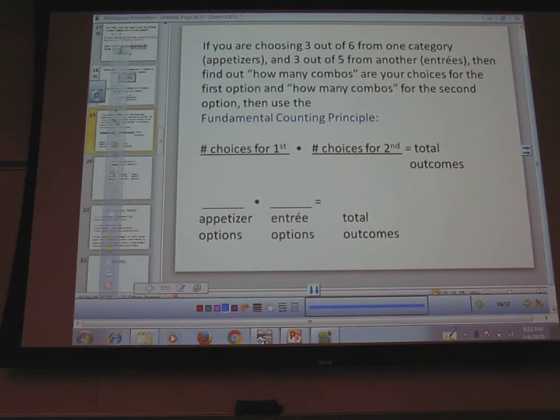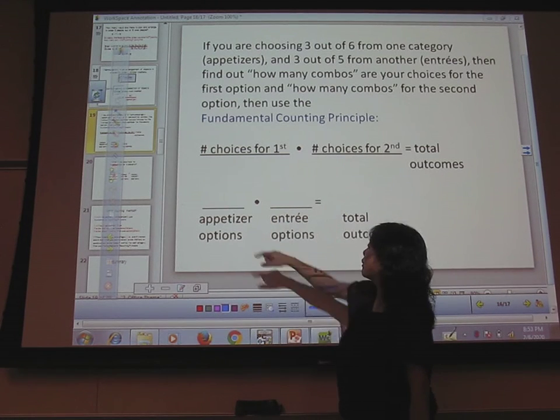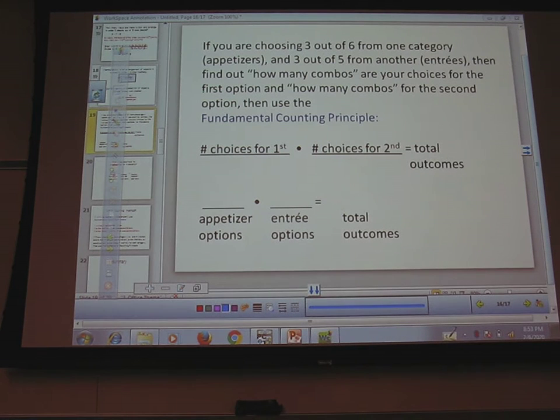How many ways can you pick 3 different entrees out of 5? 5 choose 3, which happens to be 10. So there are 10 different ways of picking entree combos. How many ways are there of having a meal altogether? Well, I have 20 of these, and I have 10 of those.